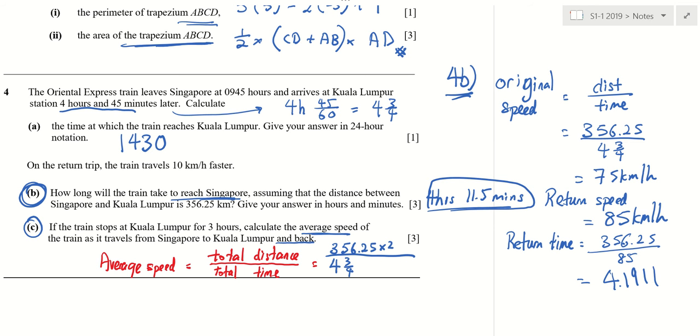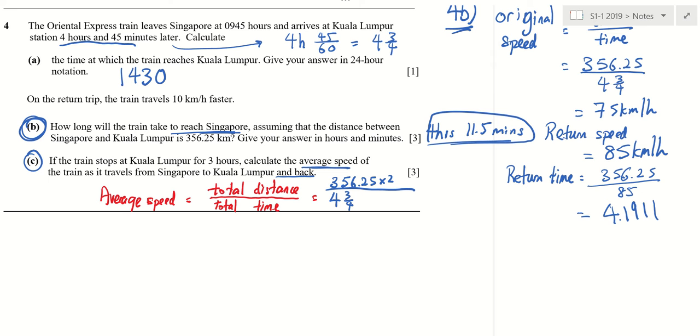Now let's round this off to hours and minutes. How many hours is this? 4 hours. How do I convert to minutes? What must I do? I have to write down 4 hours and then I take 0.1911 times 60.